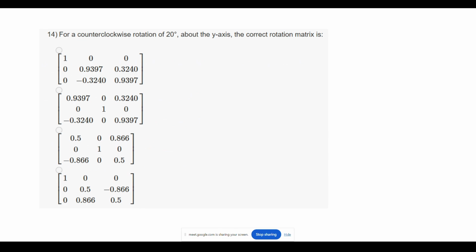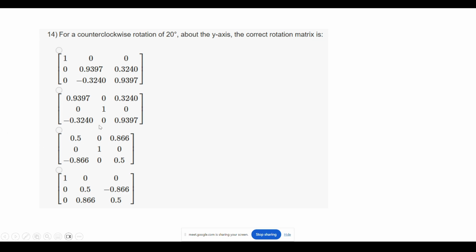For a counterclockwise rotation of 20 degrees about y-axis, the correct rotation matrix is, so since the rotation is about the y-axis, the first option and the last option are anyway invalid because these are rotation matrices along the x-axis. So you have two more options.